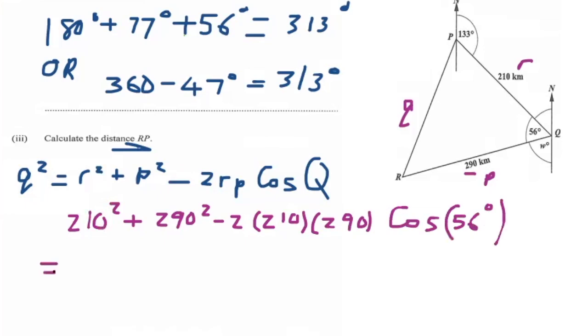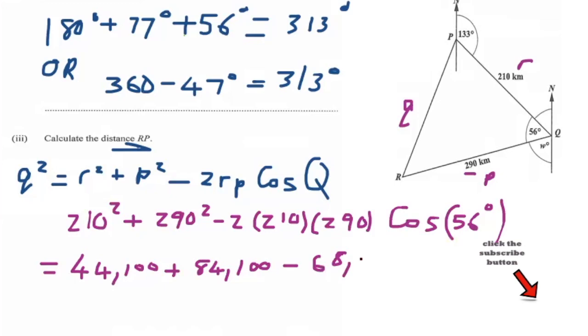Now 210 squared, when I square this, it's 44,100. When I square 290, I will get 84,100. Now, minus 2 times 210 times 290 times cos 56, that will be 68,100.